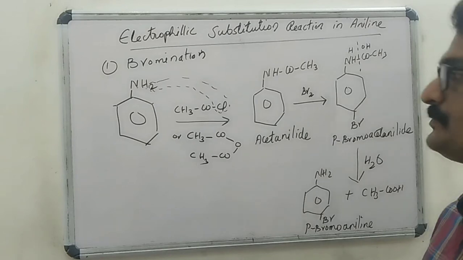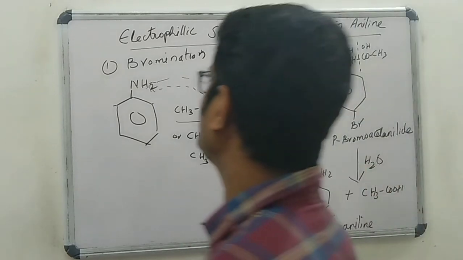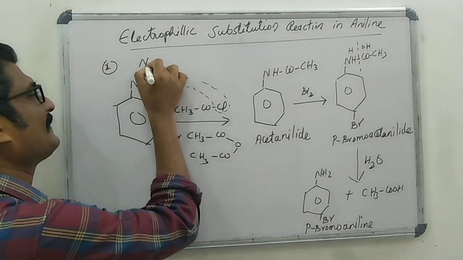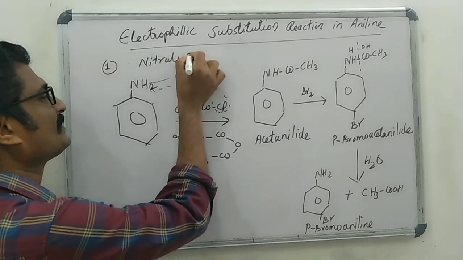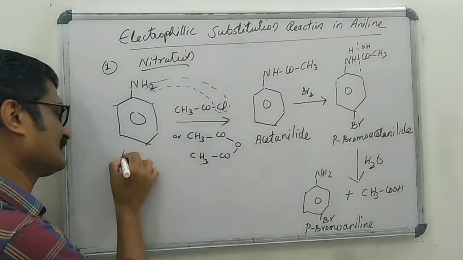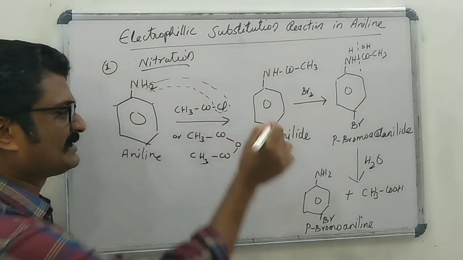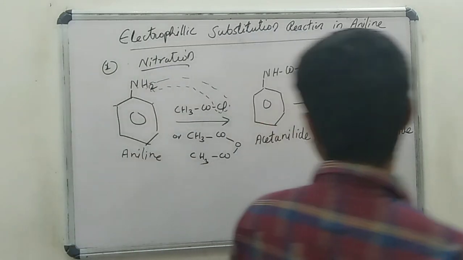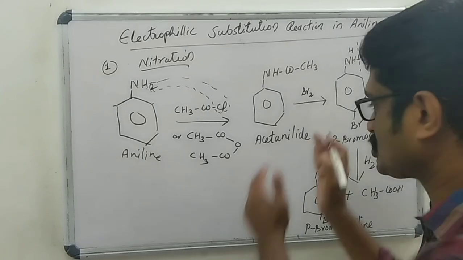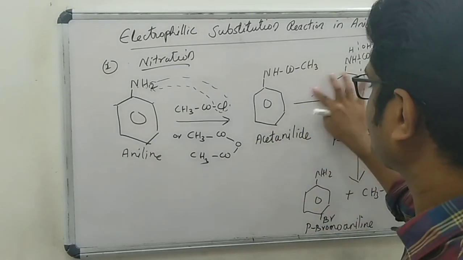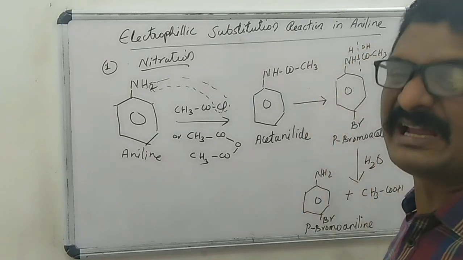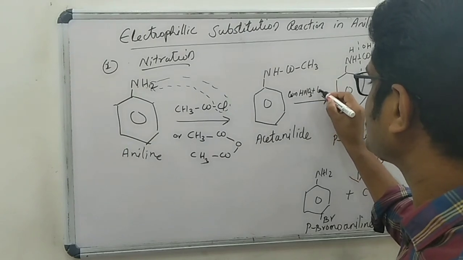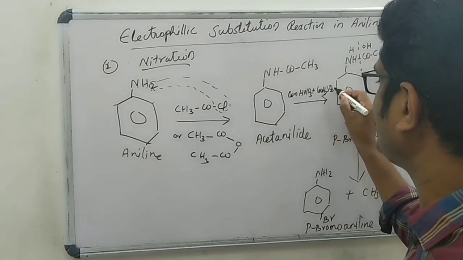Then in the same manner we can carry out nitration. Second example, nitration. First step, the conversion of aniline to acetanilide. Then the next step, this acetanilide is treated with the nitrating mixture, that means a mixture of concentrated nitric acid and concentrated sulfuric acid.